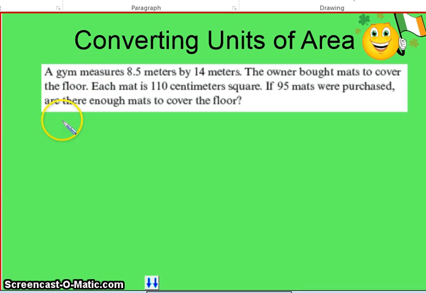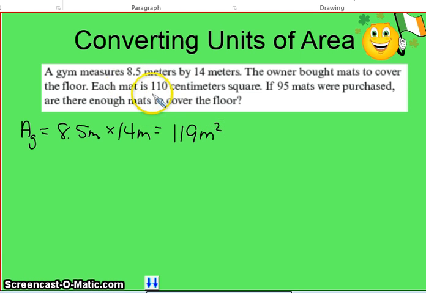The gym is rectangular, we're assuming, so the area of the gym, A sub G, is going to be the length times the width. So 8.5 meters times 14 meters. And when we multiply 8.5 times 14, we get 119 meters squared because we multiplied meters times meters.